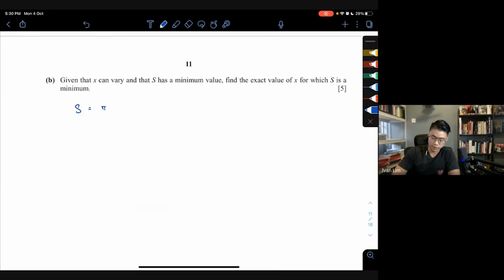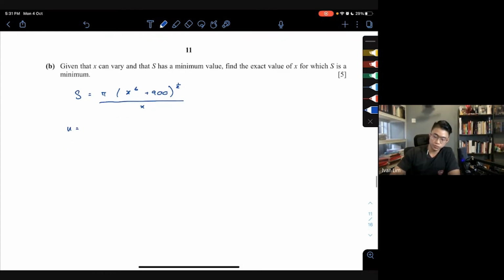I just rewrite it in terms of power. So x to the power 6 plus 900, to the power 1 over 2, over x. Okay, I separate into u and v. So u will be pi times x to the power 6 plus 900, power 1 over 2. V equals x. U prime, okay, this one differentiate properly.